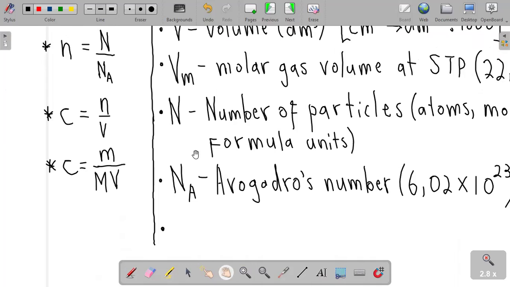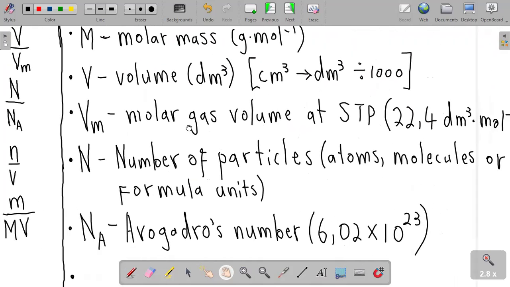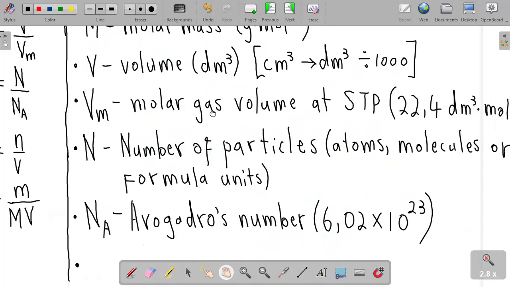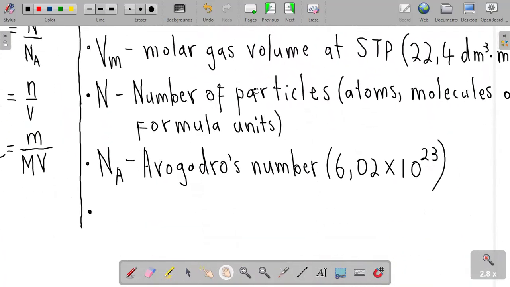Now the only thing left at this point is the C, which is the concentration.